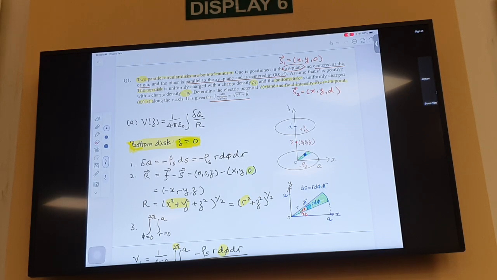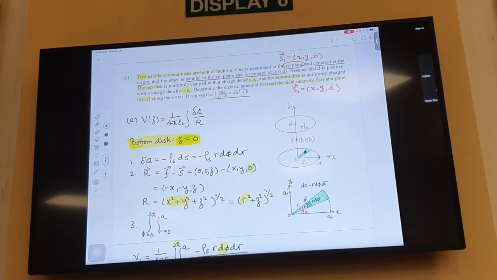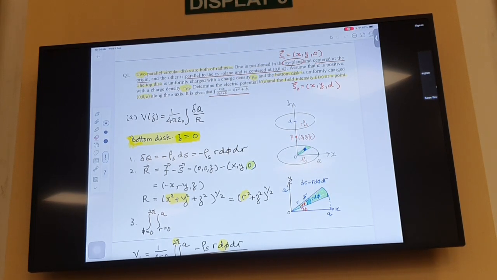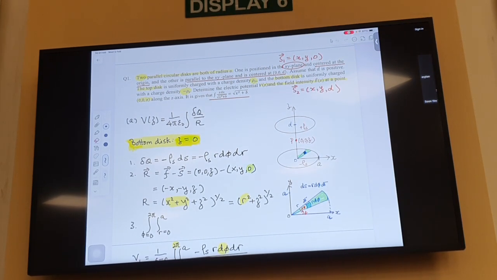Centered at the origin means that if your field point is along the center, then you know you can apply symmetry. Because in the chart, the sources appear symmetric along this center. The other is parallel to the xy plane. You move the whole thing parallel by a distance d.